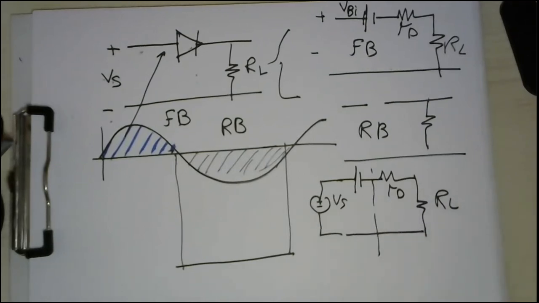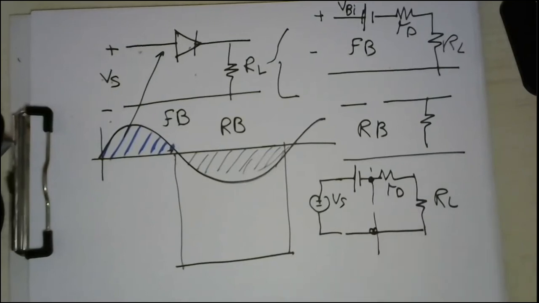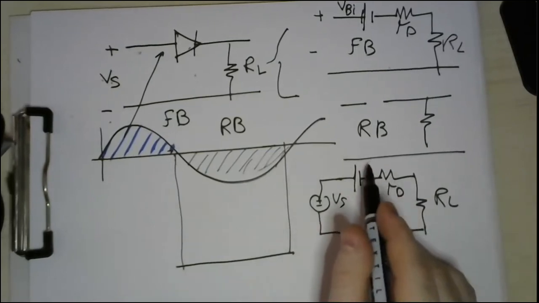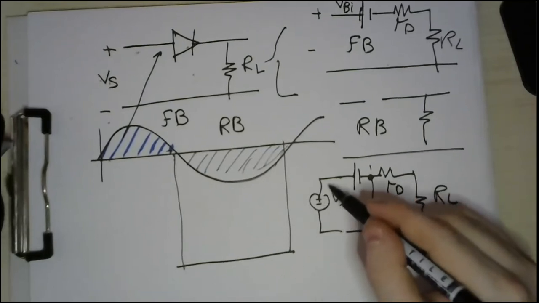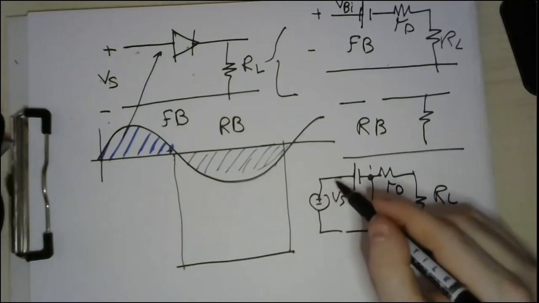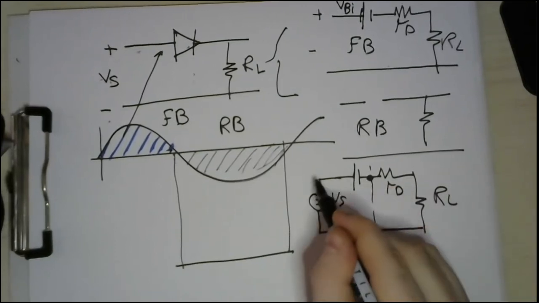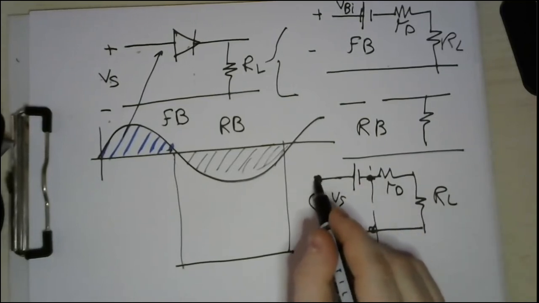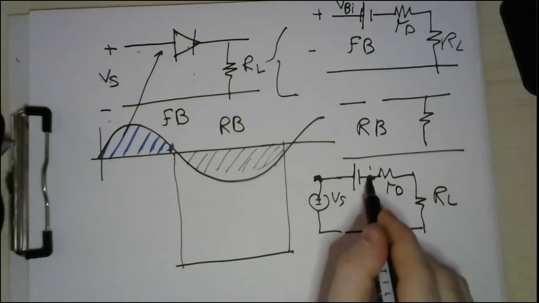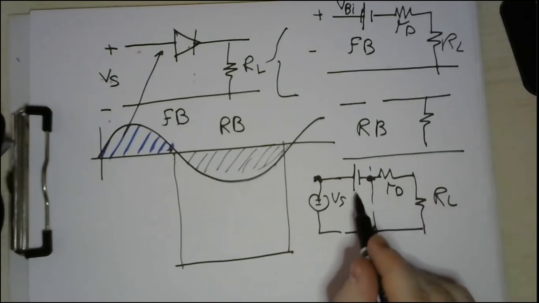Okay, so what about the voltage at these two points? It's very easy. As you can see, it's Vs minus V built-in. That's true. If you compare this node with this node, if this node has a voltage Vs, then this node will have a voltage Vs minus the built-in potential, V node.